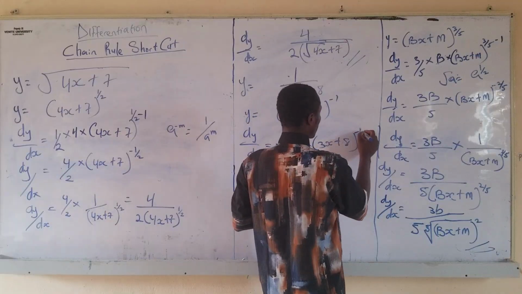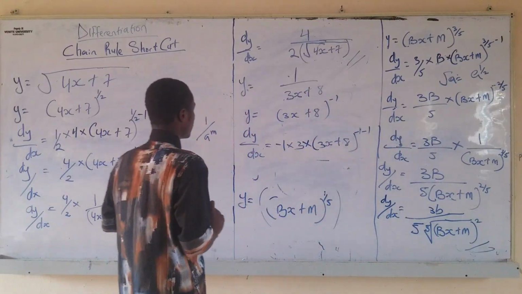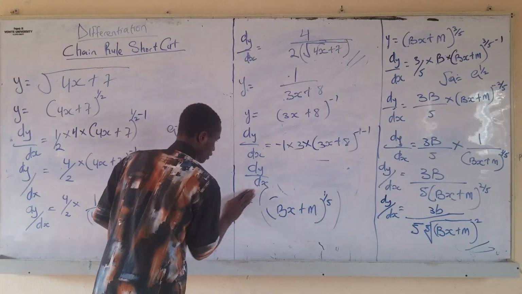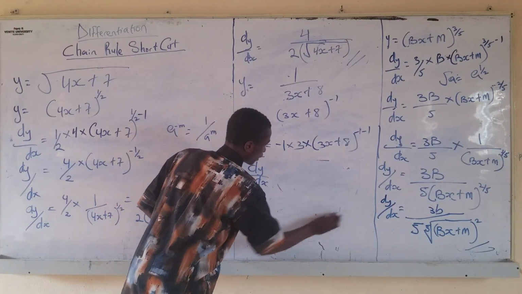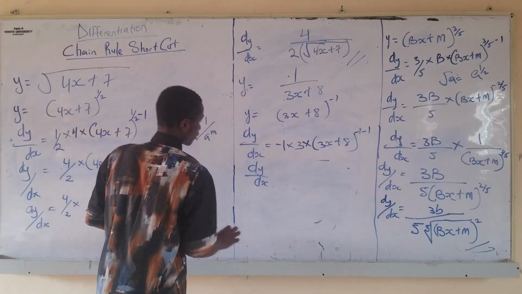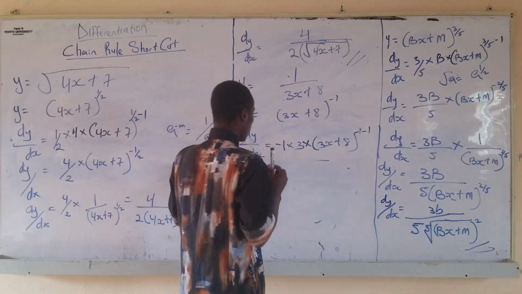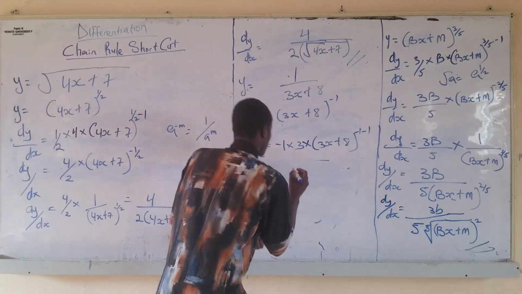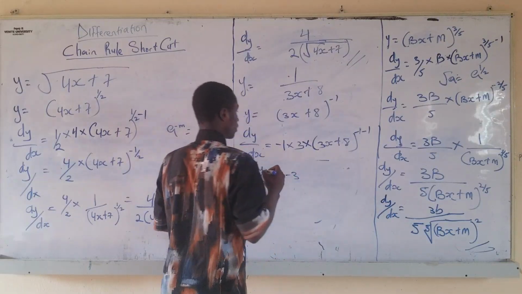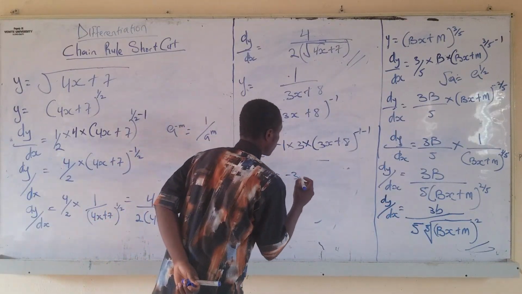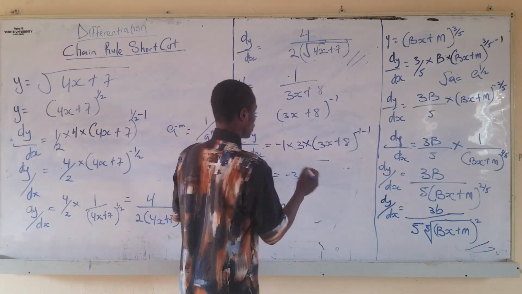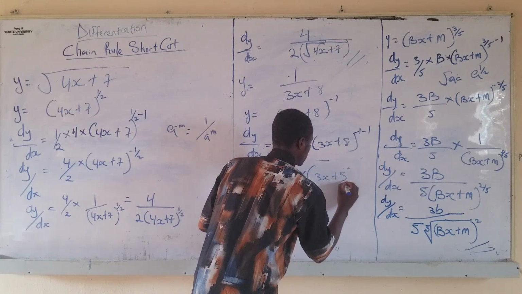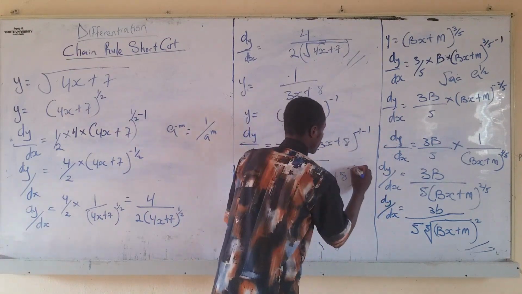So this becomes minus 1 minus 1. Then dy over dx becomes minus 1 times 3, which is minus 3, times (3x plus 8) raised to power minus 1 minus 1, which is minus 2.